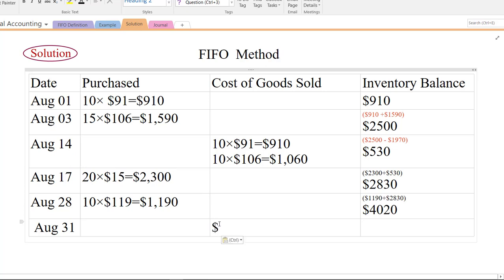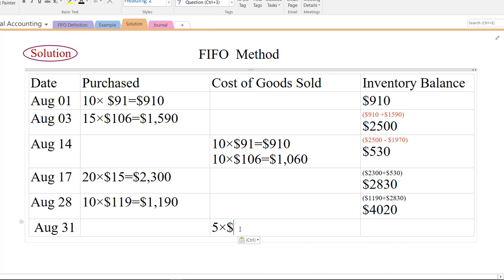Sorry, we have 5 units with the cost of, let me write multiply as well. 5 units multiplied by, okay.